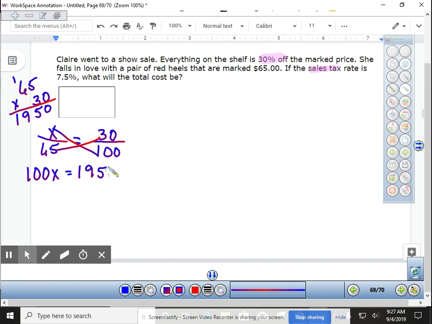Is that what everybody else got? Now what do we do? Divide by 100. How do we do that?